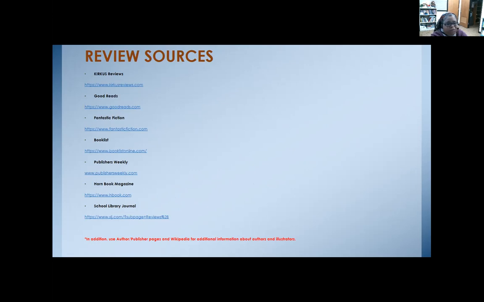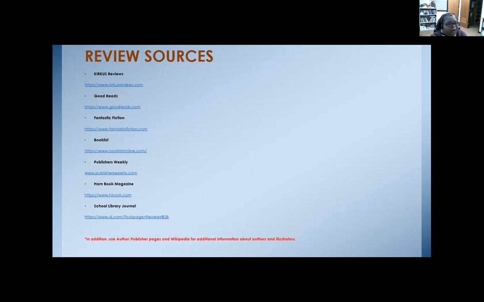So for this instance, this is a really good resource to maybe have in your back pocket or even start with. Goodreads is good because it gives you a lot of times a photo of the author, information about the author, and you get multiple reviews and synopses.